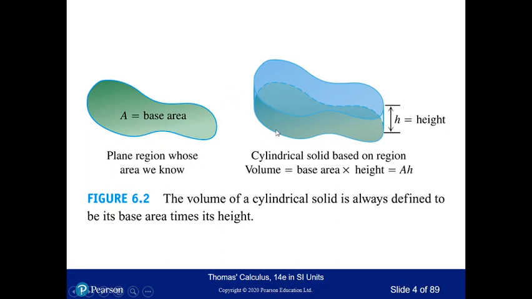We call it a cylindrical solid, and it has the base area. This A is the base area. This region is the base of the solid, and in order to find the volume of this solid, we just take the base area and multiply it with the height. A is the base area, h is the height, so A times h. Keep this in mind.